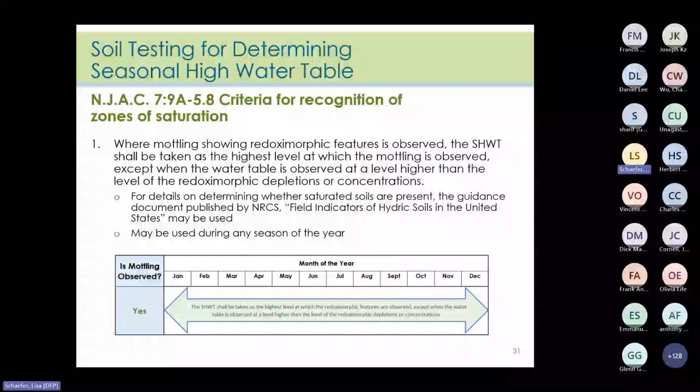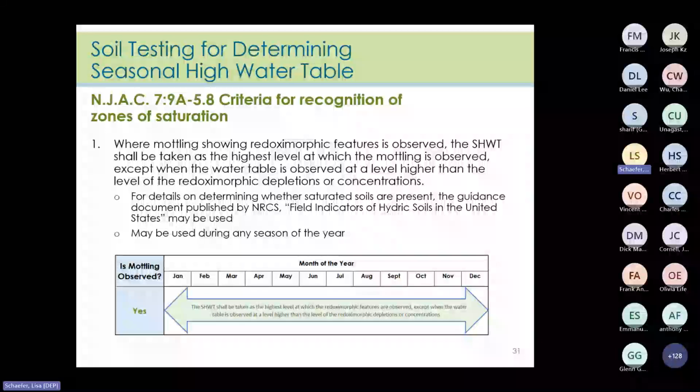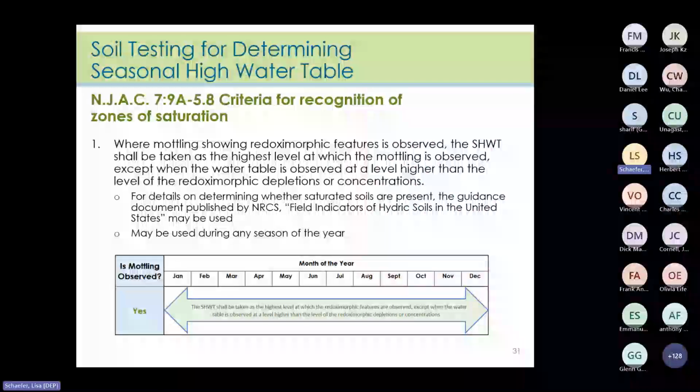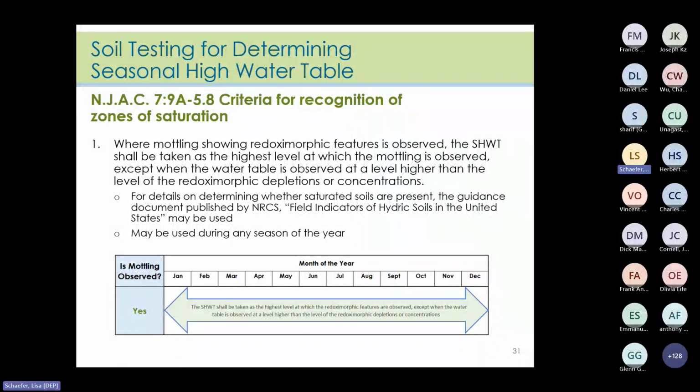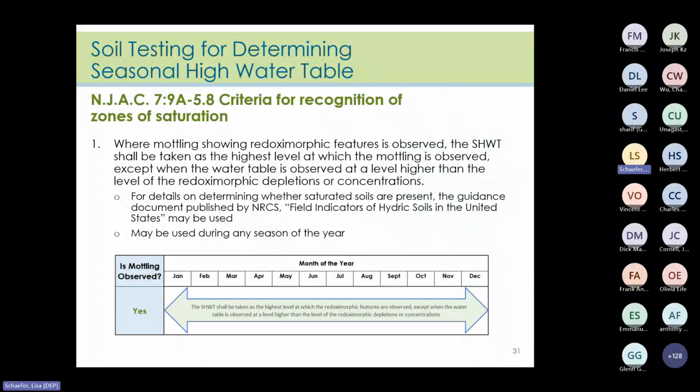At any season of the year where mottling showing redoximorphic features is observed, the seasonal high water table shall be taken as the highest level at which the redoximorphic features are observed, except where the water table is observed at a higher level than the level of the redoximorphic depletions or concentrations. Okay, so for details on determining whether saturated soils are present, the guidance document published by NRCS called Field Indicators of Hydric Soils in the United States may be used.